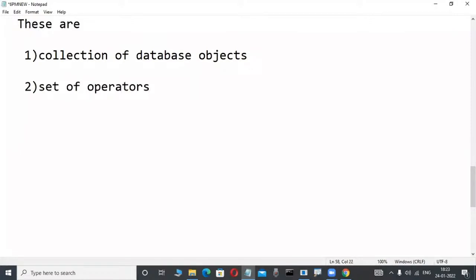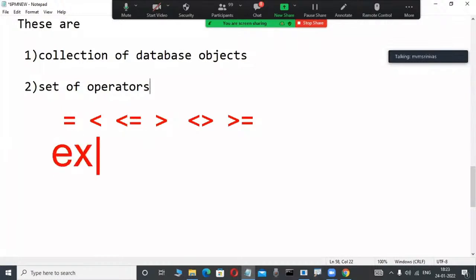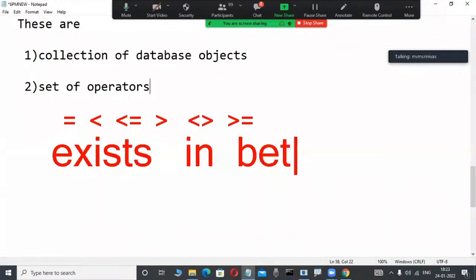Operator means what we think of in C language or Java: equal to, less than or equal to, greater than or equal to, not equal to. But here a set of special operators is available in every relational data model. Suppose EXISTS is an operator. IN is an operator, BETWEEN is an operator.